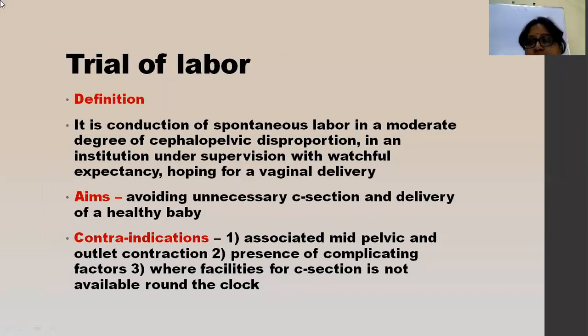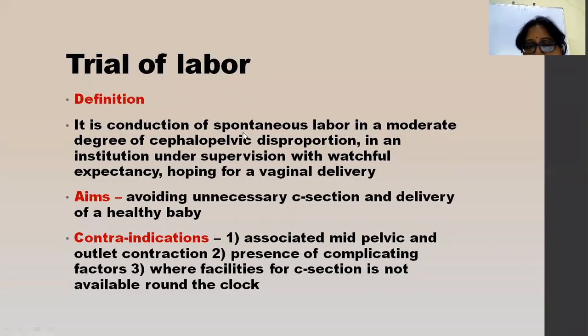So when do you give a trial of labor to the woman? What is the definition of trial labor? It is the conduction of spontaneous labor in a moderate degree of cephalopelvic disproportion in an institution. That trial labor should take place only in an institution under supervision with watchful expectancy, hoping for a vaginal delivery.